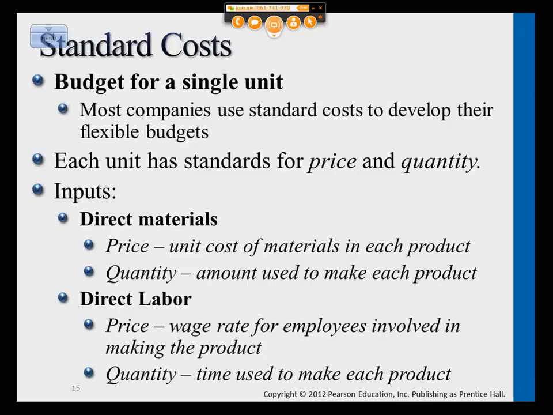So for direct materials, the price is going to be the unit cost of materials in each product, and the quantity is the amount used to make each product. Now for direct labor, just a tad difference. The price is the wage rate for employees involved in making that product, and the quantity is the time that was used to make that product.